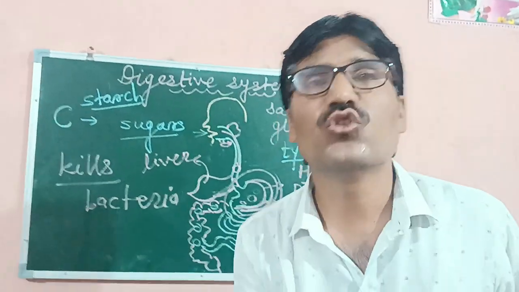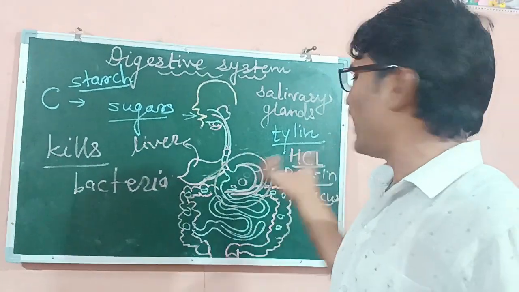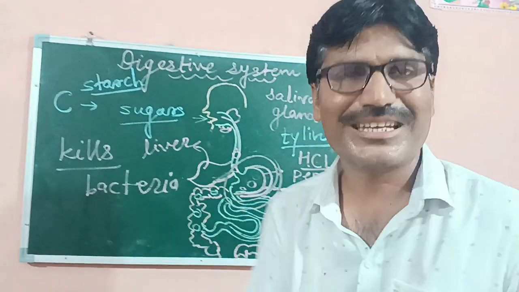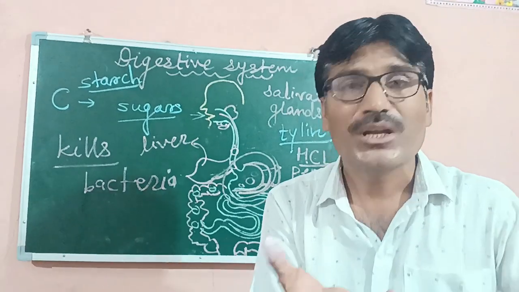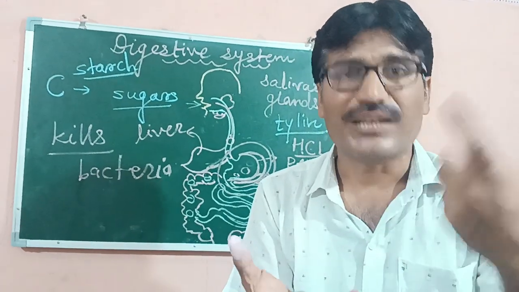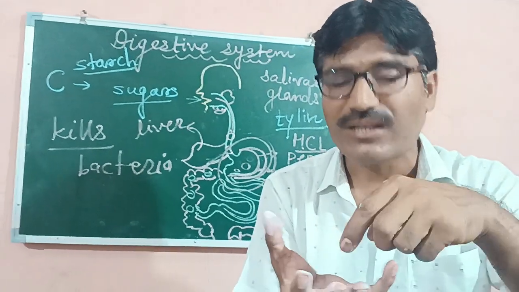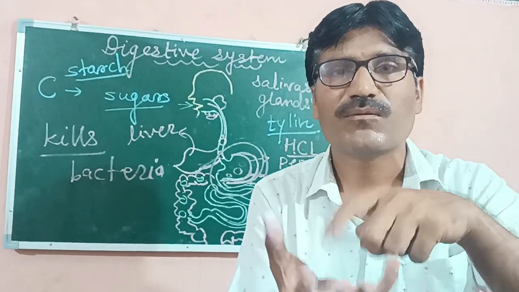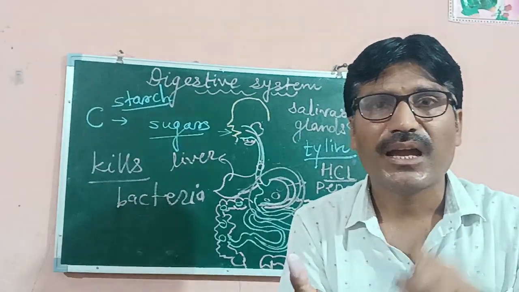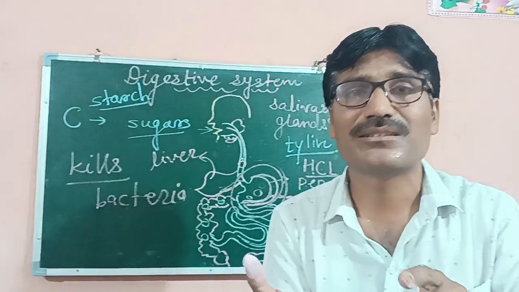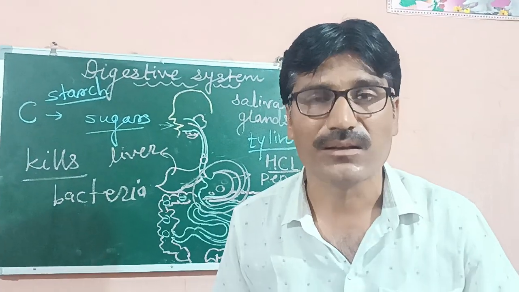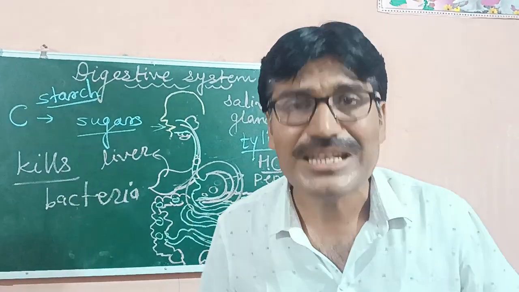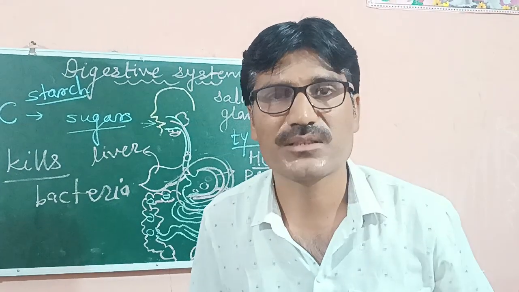If you take human hydrochloric acid and bile in a bowl, and keep a shaving blade in that solution for 24 hours, it will become completely soluble after 24 hours.